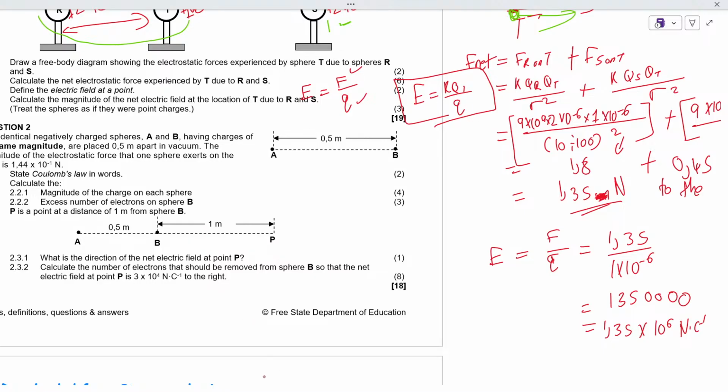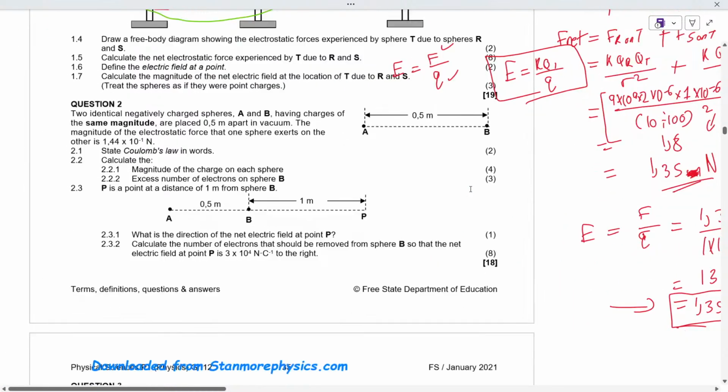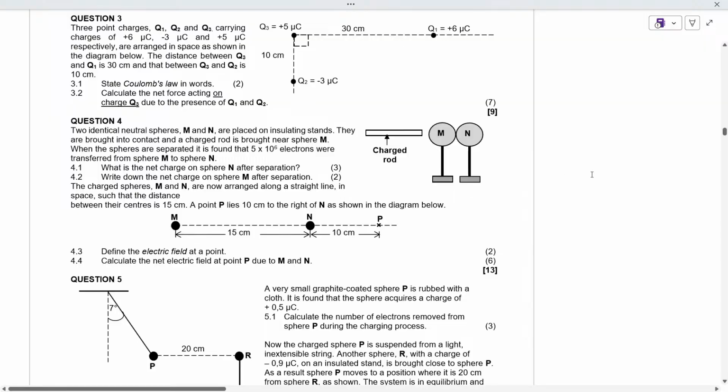I think let's just stick with this one. Let's just stick with this one. I have unplugged my mic. So I think let's just stick with this one. Let's confirm really fast.